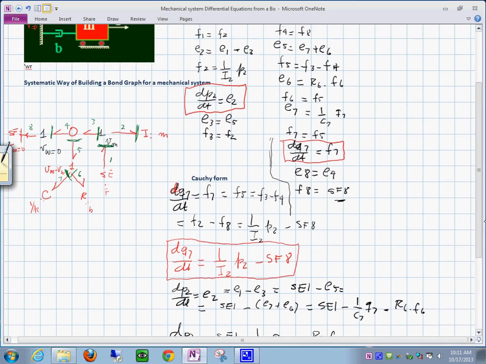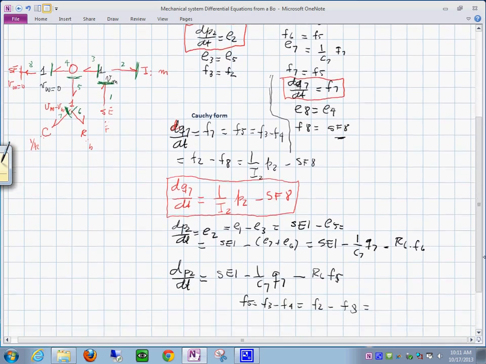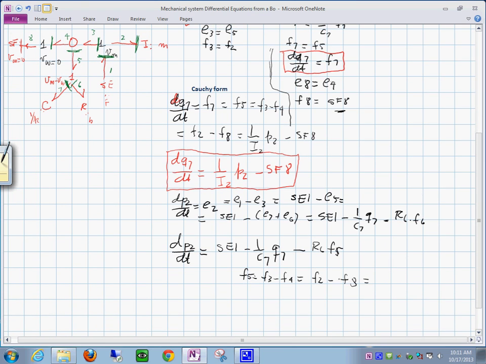We have that F sub 2 is 1 over I sub 2 P sub 2. So this will be 1 over I sub 2 P sub 2, and this was F8, which is SF8. If that's true, let's plug this in. dP sub 2/dt is equal to SE1 minus 1 over C sub 7 Q sub 7 minus R sub 6 times (1 over I sub 2 P sub 2 minus SF8).